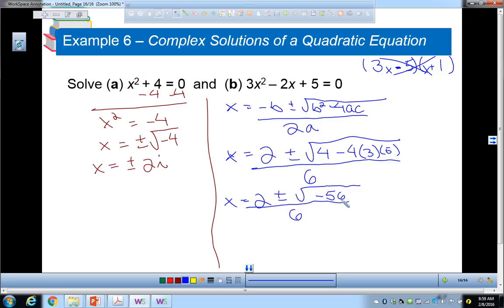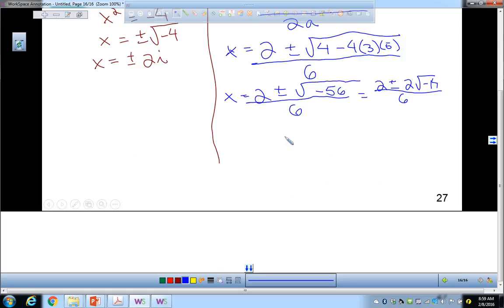Is there a perfect square in 56? 4 times 14, very good. So you could rewrite this as 2 plus or minus 2 square root of negative 14 over 6, which is equal to, you can cancel out a 2 from everything.